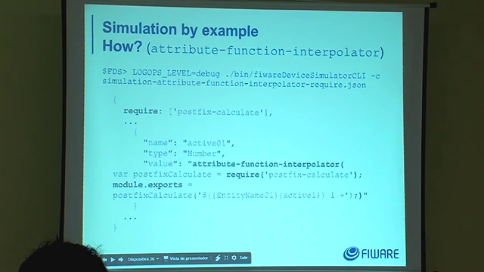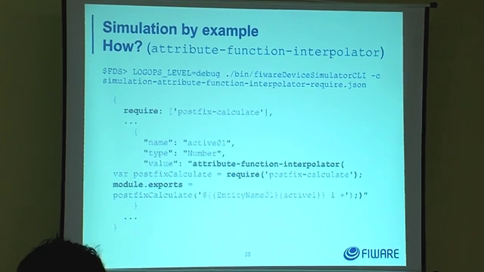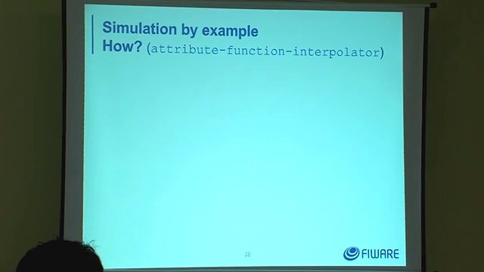In this case, we are getting the active1 value of the entity name O1 entity and adding 1 to that value to generate it as the final value to be assigned to the attribute. So you can almost do anything with this interpolator.